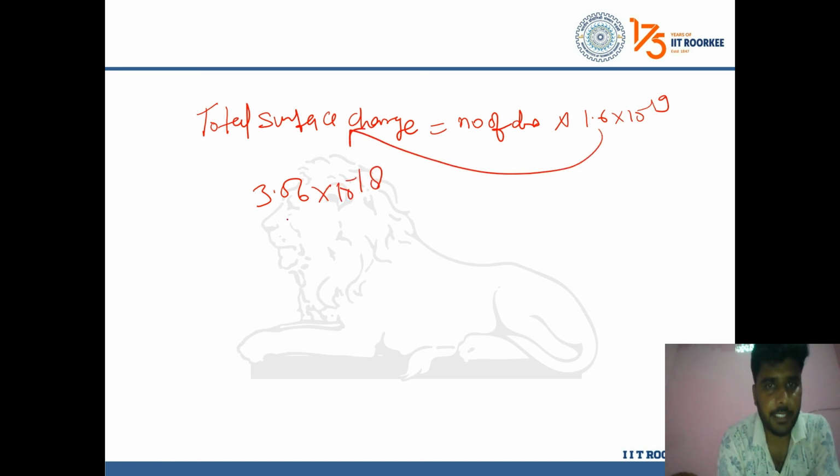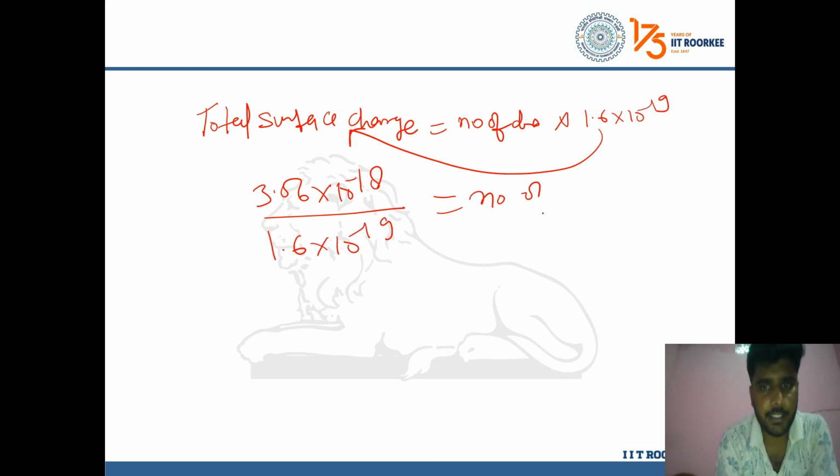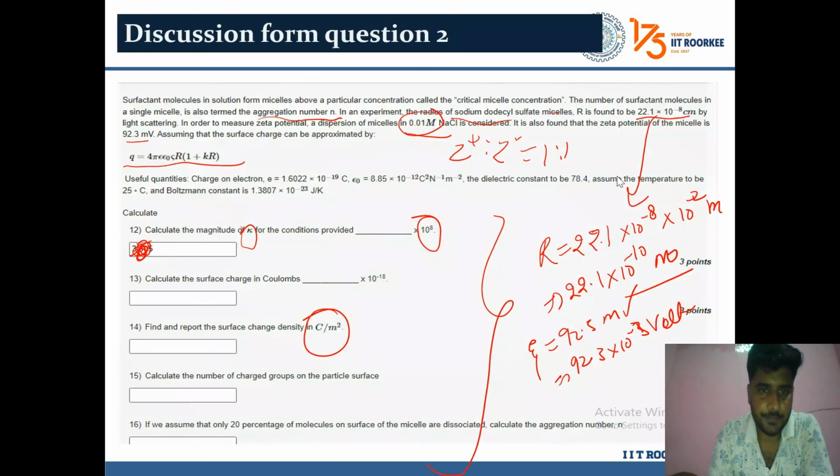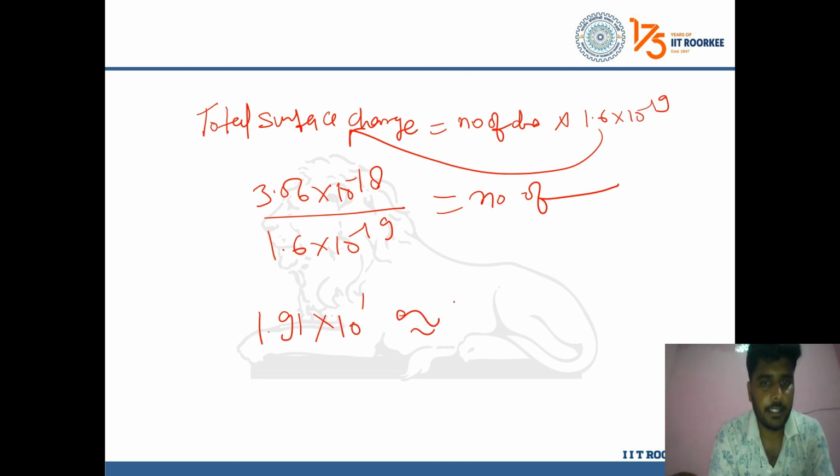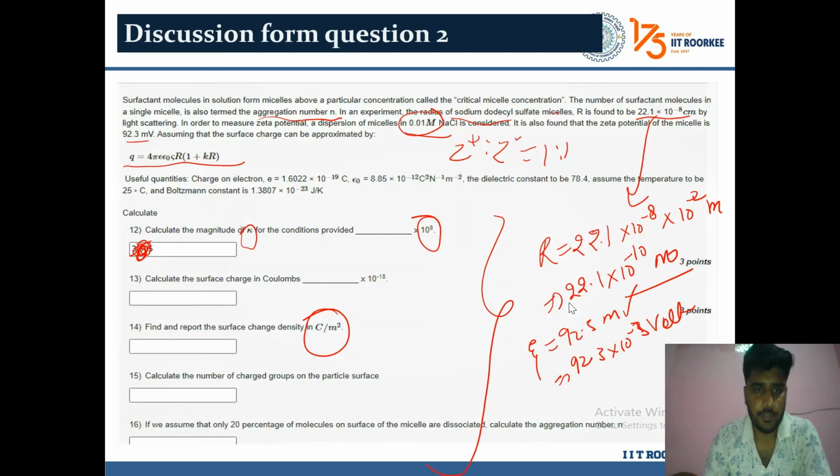If you divide by 1.6 times 10 raised to minus 19, you will get the number of charged groups on the surface. Let me try this: 3.06 divided by 1.6 is 1.91, and 10 raised to 1, so it will be 19.1 dissociated surface functional groups.